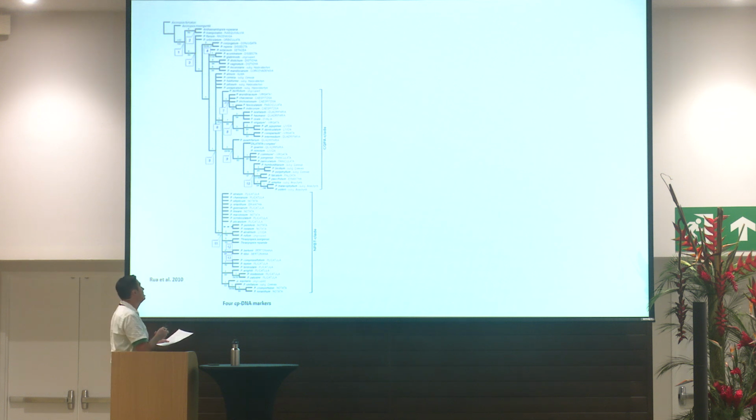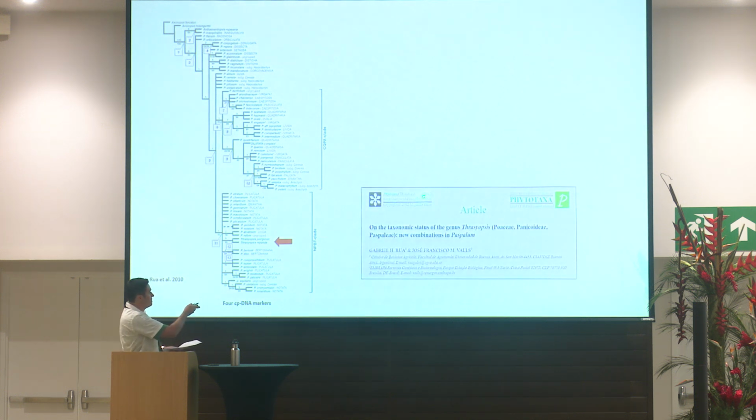The genus was recognized as paraphyletic because some smaller genera were recovered nested within it. Also, Paspalum inaequivalve was recovered outside the Paspalum clade in plastid data. And here we see the small genus Thrasyopsis within Paspalum, which later, in 2012, was combined into Paspalum to make Paspalum monophyletic.